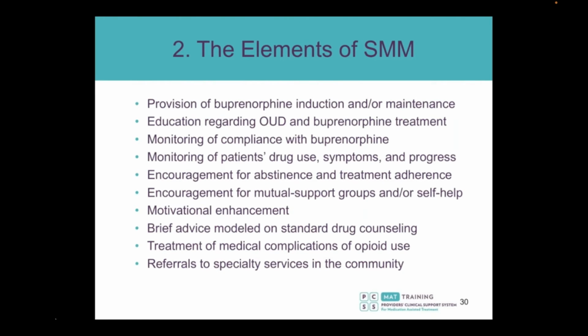So if that's with you, then you can just go ahead and do that. If that needs to be with another medical provider, then advising them to see that provider, and then advising them to follow up on referrals to other specialty services in the community, be they for additional psychotherapy, which is not always needed, but sometimes is, or employment services, housing services.